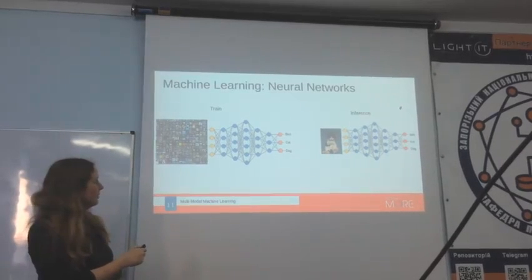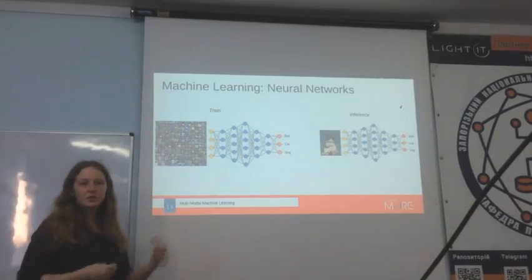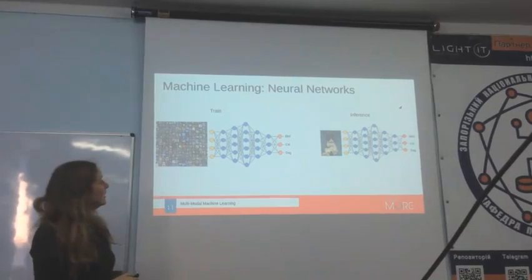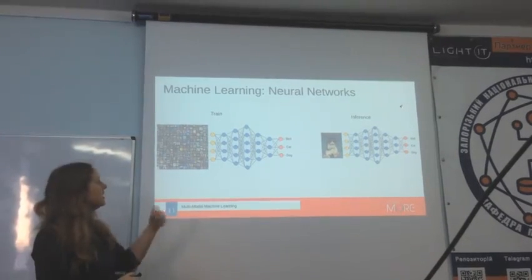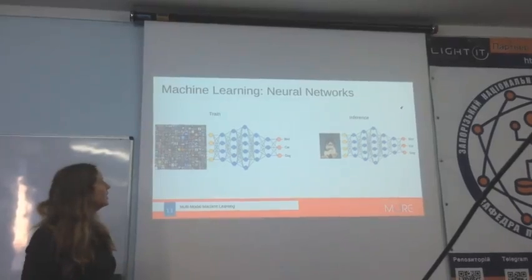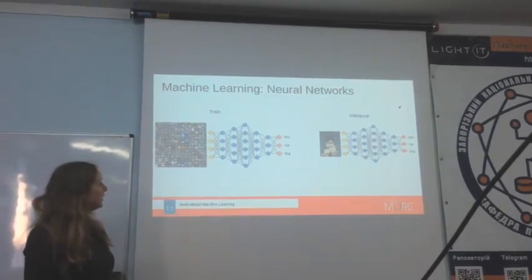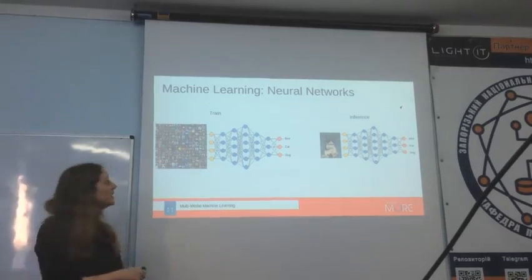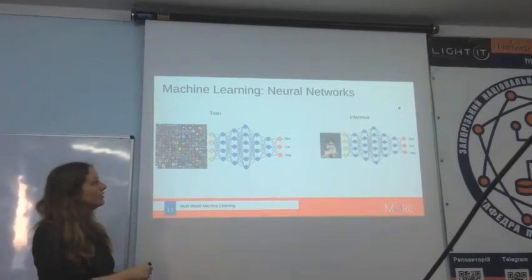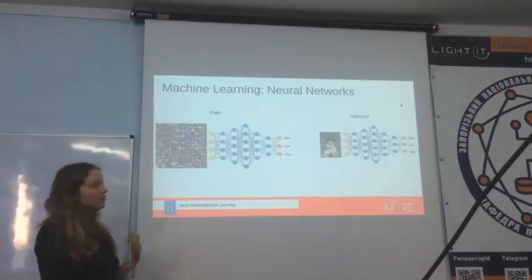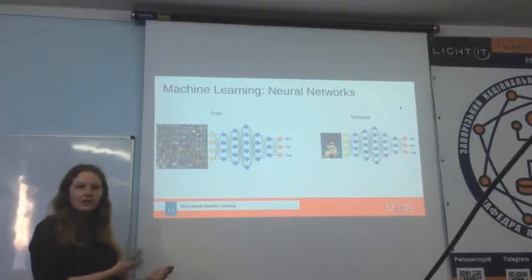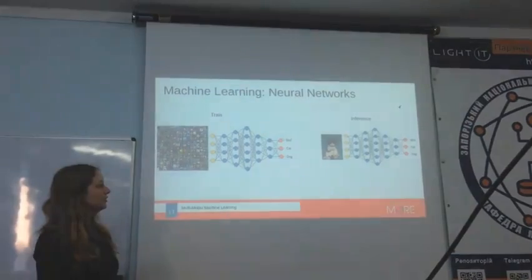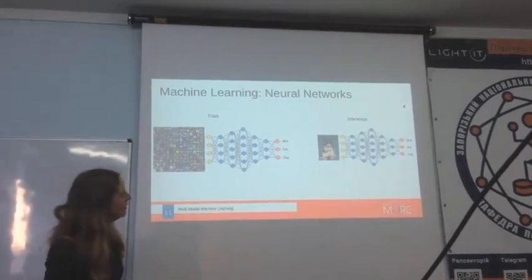Through all these connections, it can make lots of nonlinear combinations of functions. And then in the end, it will say, in this case, if it's a bird, a cat, or a dog. This phase we call the training phase. Here we give lots of pictures to the network to learn. Then you have the inference phase, where you give one picture, a really new picture that you haven't trained on, and the network will tell you if it's a bird, cat, or dog. In this case, it says it's a cat.